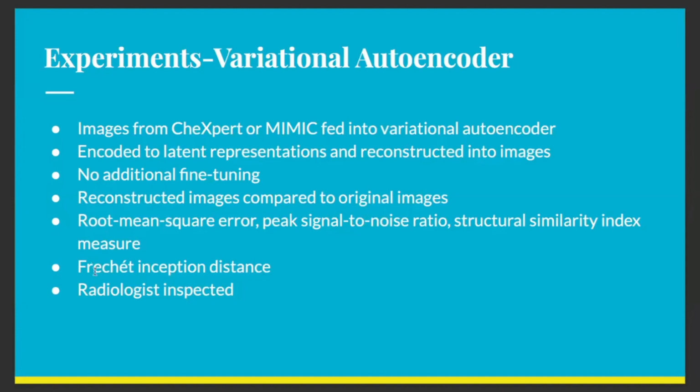And that was a main metric used throughout the paper to compare one image, like an image created by a fine-tuned diffusion model, to an image created by the original diffusion model. And then lastly, in addition to quantitative metrics, there was a radiologist who inspected the pairs of images and had a rating scale from 1 to 5 on how similar the reconstructed image was to the original.